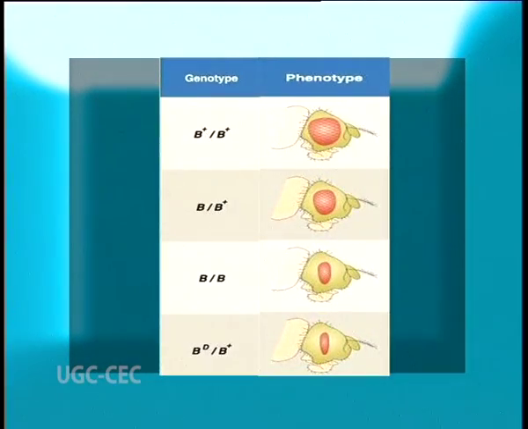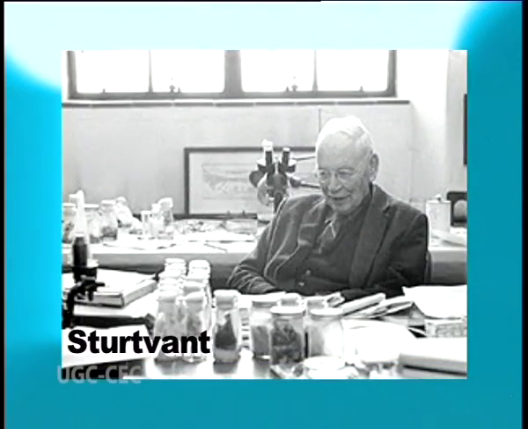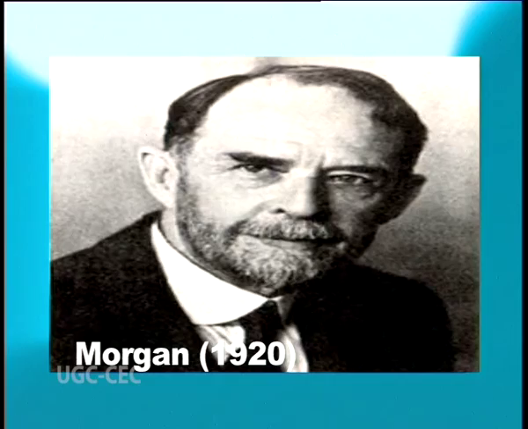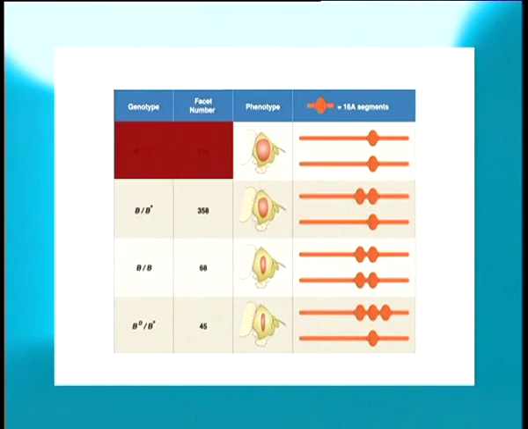The classical example of phenotypic variation due to duplication is the Bar mutant on the X chromosome of Drosophila. This was first studied by Sturtevant and Morgan in the 1920s. These investigators illustrated that normal wild females have about 800 facets in each eye.